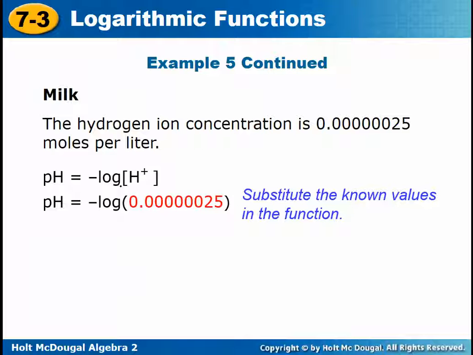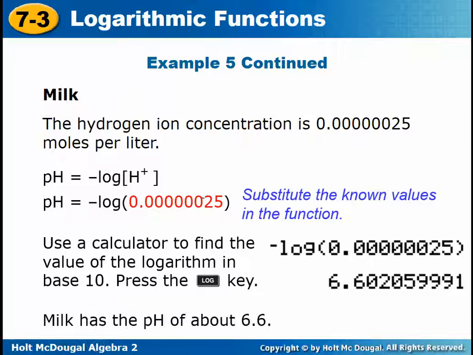Now this is log base 10. You don't have to tell your calculator that, because that's what your calculator will automatically find. So all you do is you punch in negative log and then your number and hit equals, and you will get your log value. Now if you're using a handheld calculator, you will punch it in just like this.